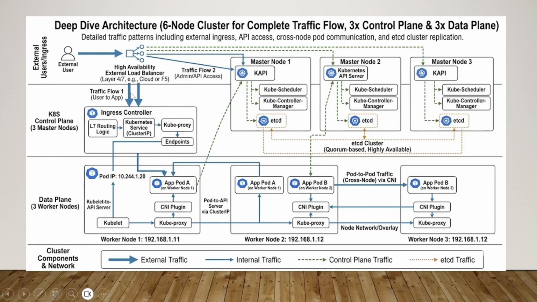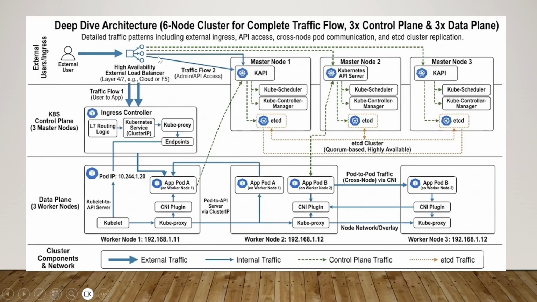After that, traffic comes to the ingress controller. These load balancers have path-based routing. They can analyze whether this is a request for a worker node, or for any container, or an API call for admin access.